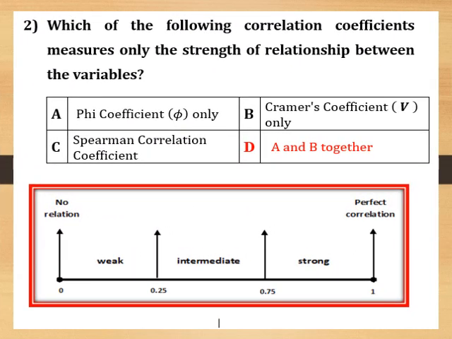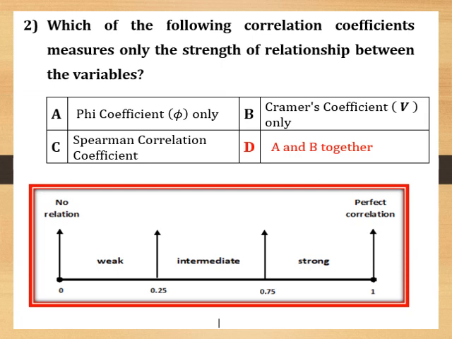Which of the following correlation coefficients measures only the strength of relation between two variables? In nominal data, we use the phi coefficient and Kramer's coefficient.